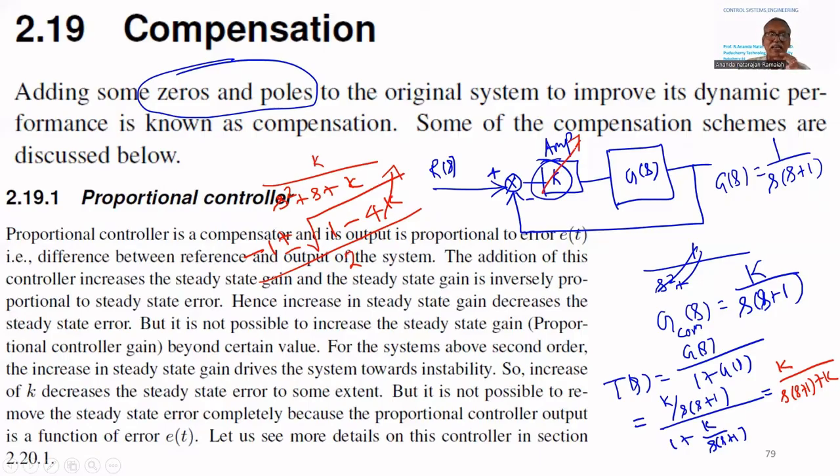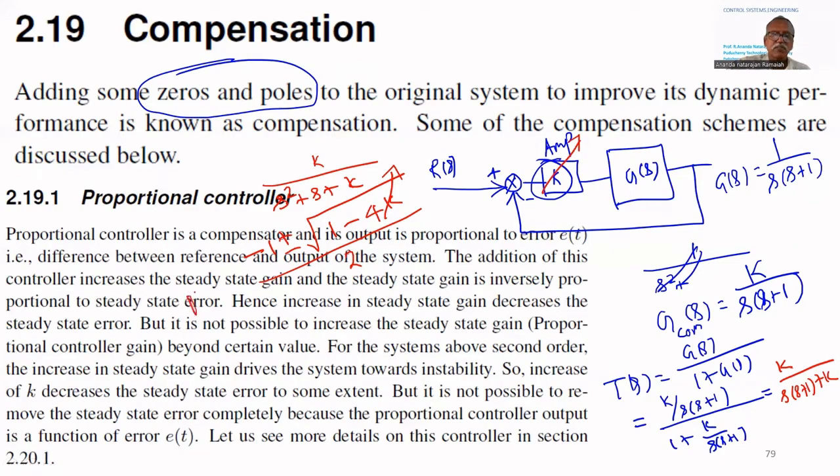That's why while adding gain, we should be very careful if it is a closed loop system. In open loop system, no problem. If it is a closed loop system, K becomes part of the denominator. The denominator decides the poles. Depending upon the value of K, the poles are moving.